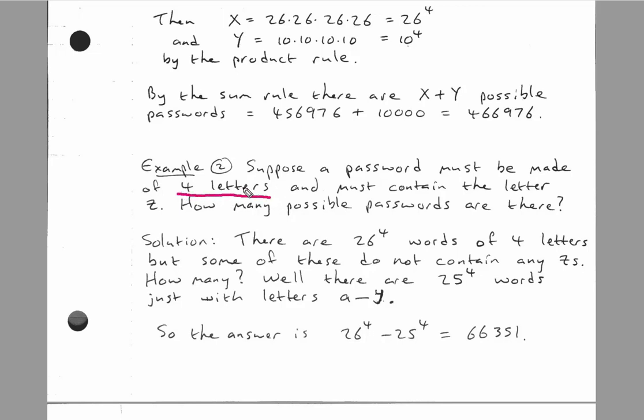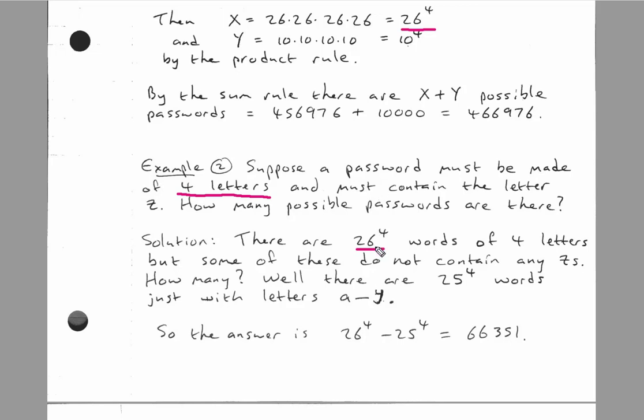So we can think about it in two parts. As we saw up here, if you're choosing 4 letters, then there are 26 to the power of 4 ways to do that.